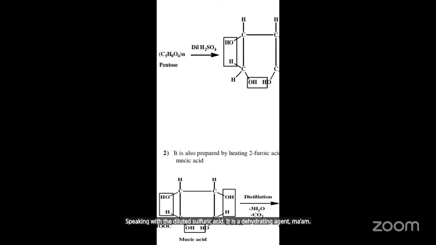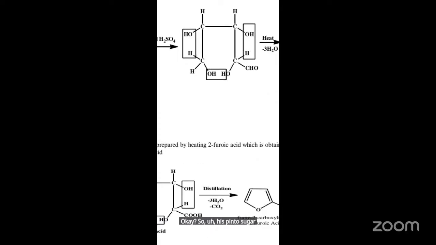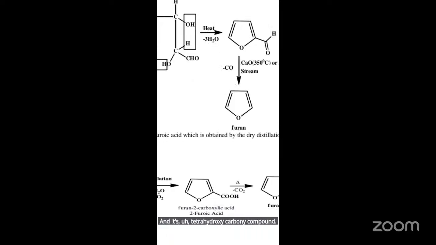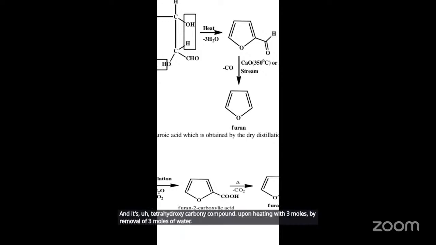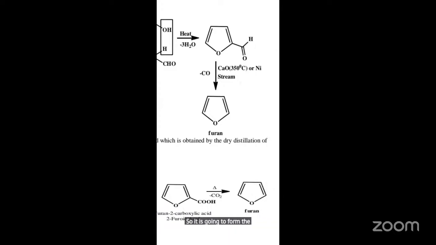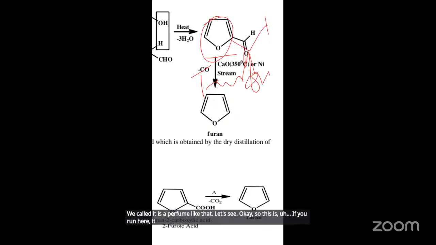So this pentose sugar is converted into a tetrahydroxy carbonyl compound, and upon heating, by removal of 3 moles of water, it forms furfural, where an aldehyde group is attached to the furan.